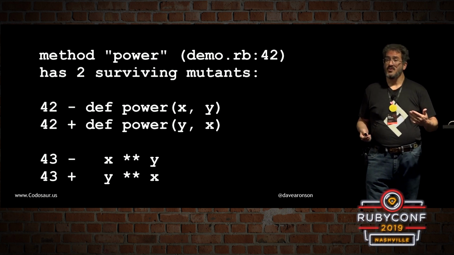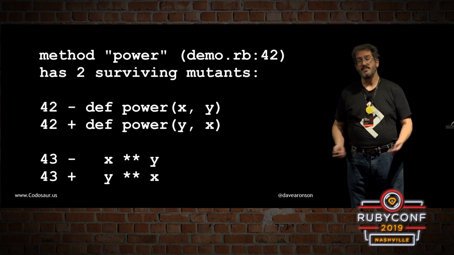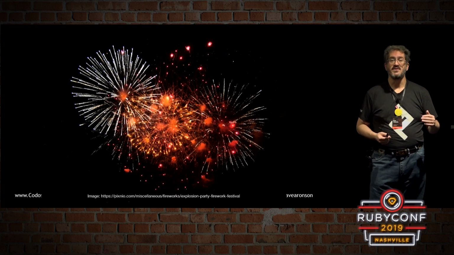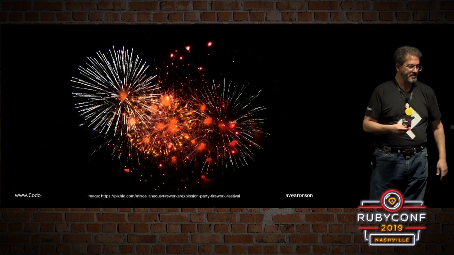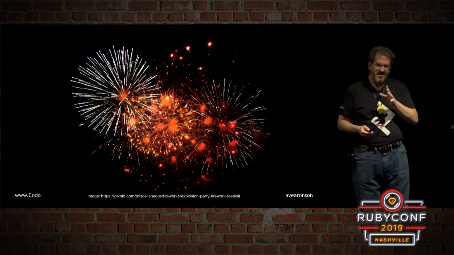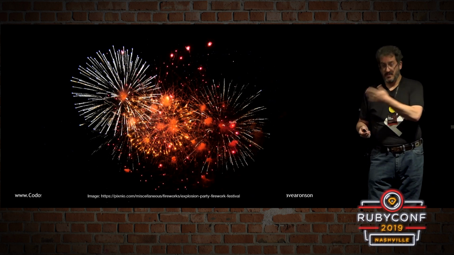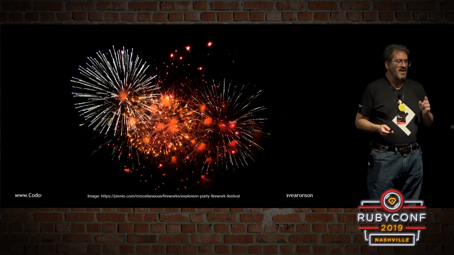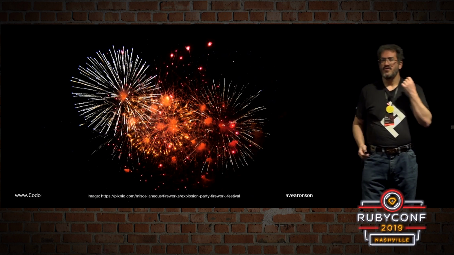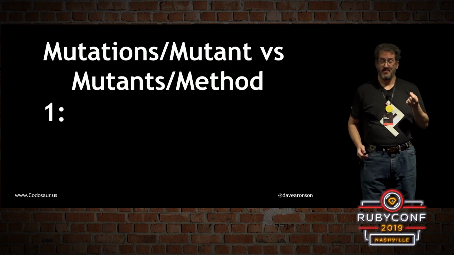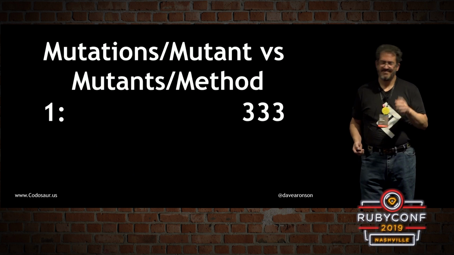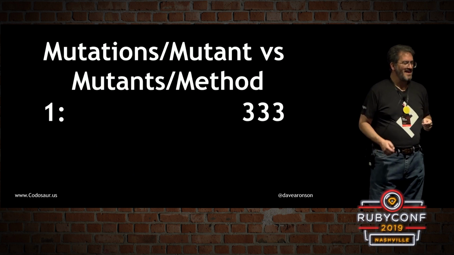Lastly, allowing multiple mutations per mutant would create a combinatorial explosion of mutants, with the tool making many, many times more mutants per method, which would make it even more CPU intensive. I'll spare you the math, but with our earlier code size assumptions, even if we managed to weed them down to 1/3 at each step, with one mutation per mutant, we would have 333 mutants per method, and a third, but I'm rounding.